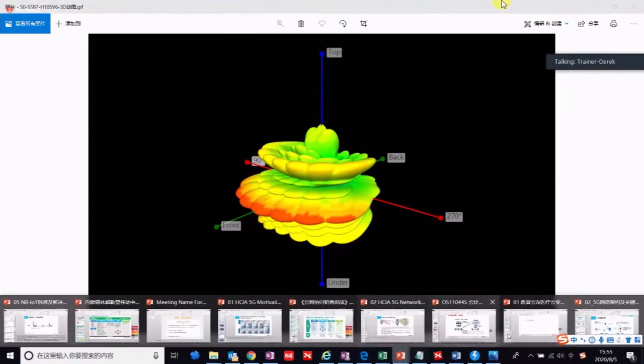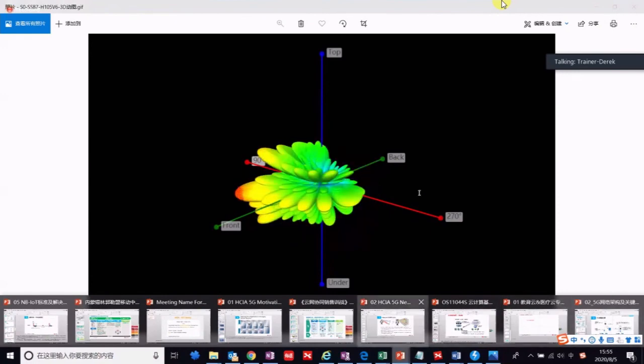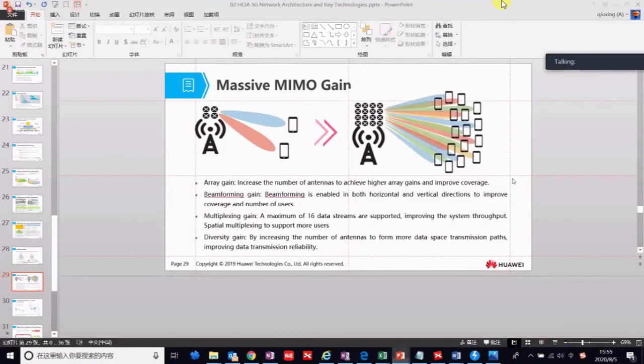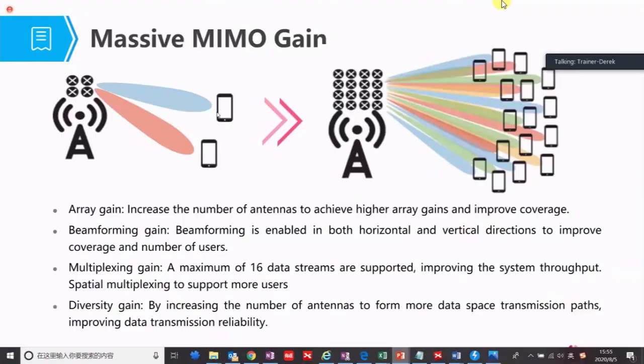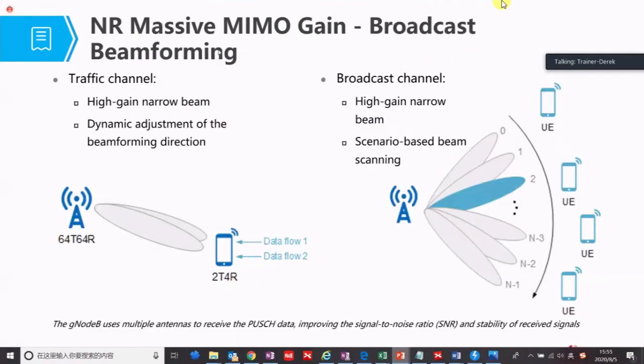And we can see this picture. NR massive MIMO, beamforming broadcast. For the traffic channel, the high-gain narrow beam can dynamically adjust the beamforming direction.